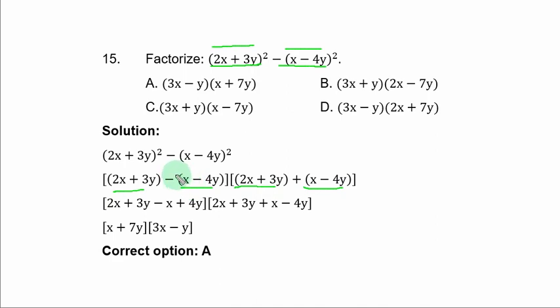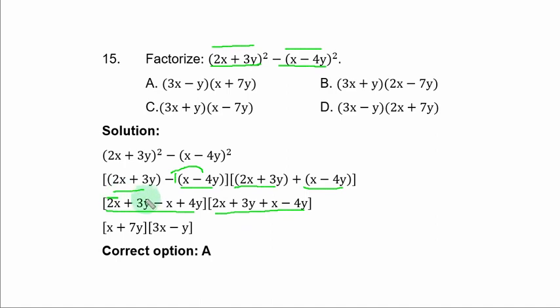So let's open the bracket with minus 1 here. So we have 2s plus 3y minus s plus 4y. Minus 1 times minus 4y is plus 4y. Then the second bracket, you have 2s plus 3y plus s minus 4y.